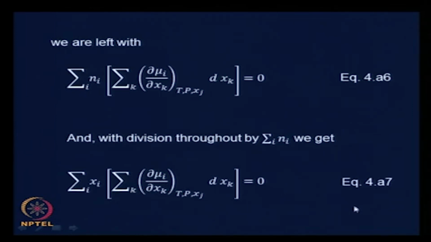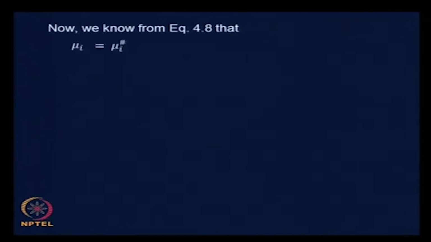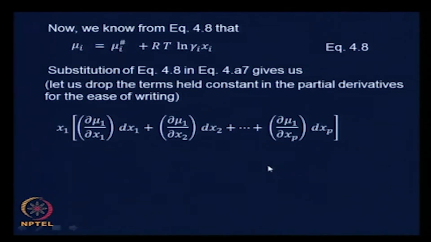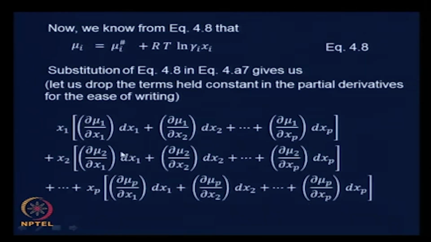equals 0. And from here we had used the expression for mu I as mu I hash plus RT ln gamma I xi, and by an interesting formulation, beautiful actually the way it turns out. These are just writing out all the terms.